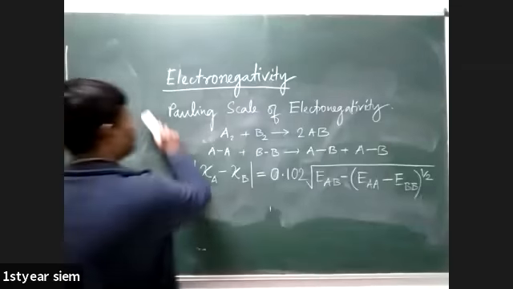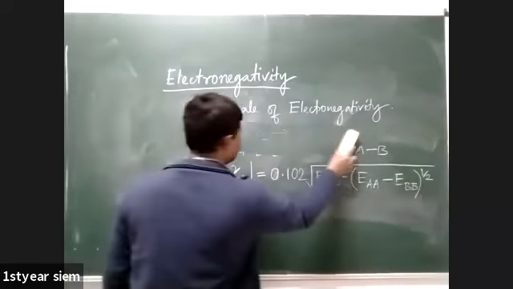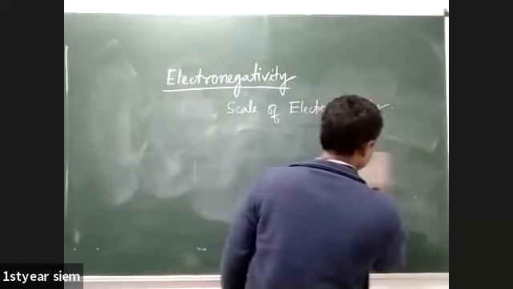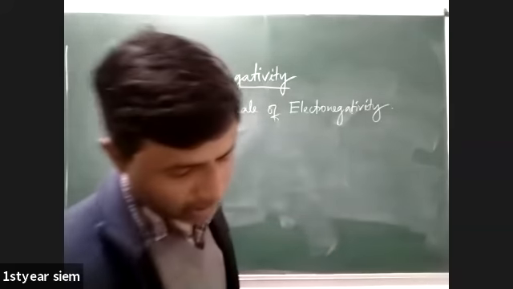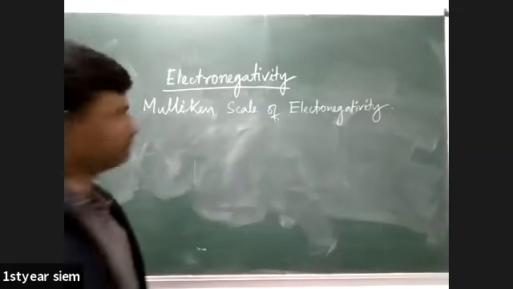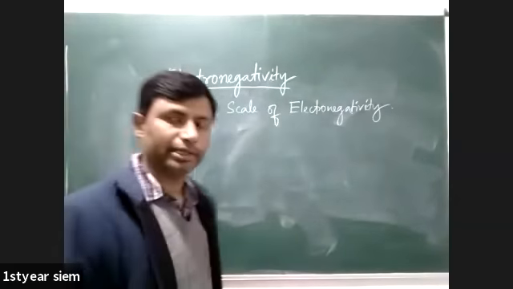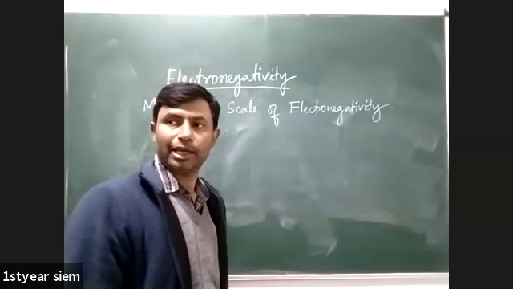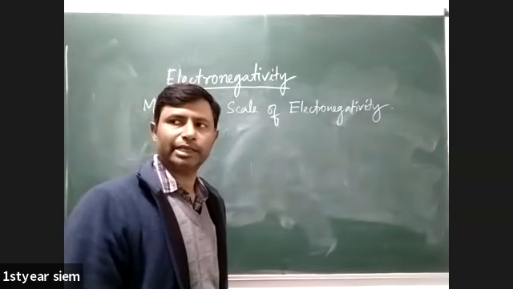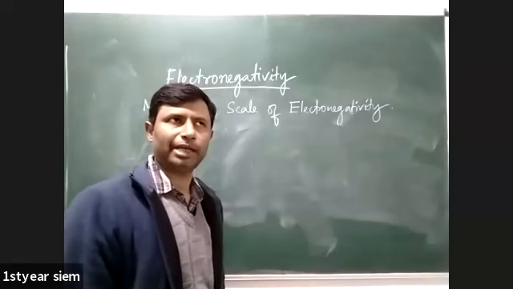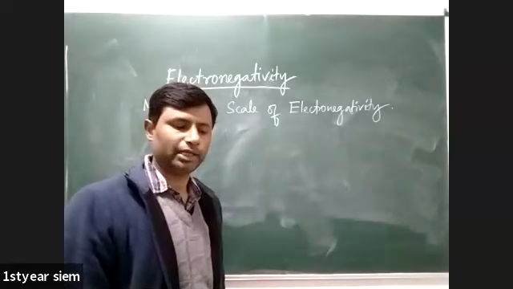Now, another scale is the Mulliken scale of electronegativity, where the electronegativity is determined from the average of ionization energy and electron affinity of any atom.